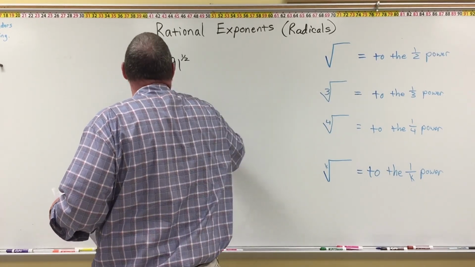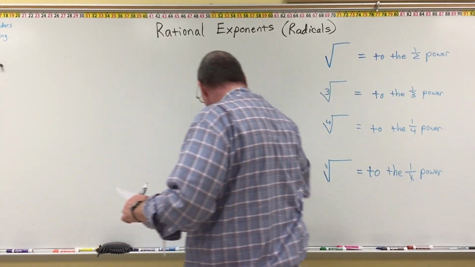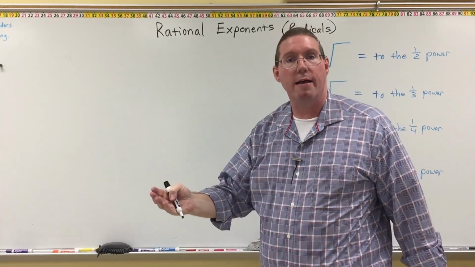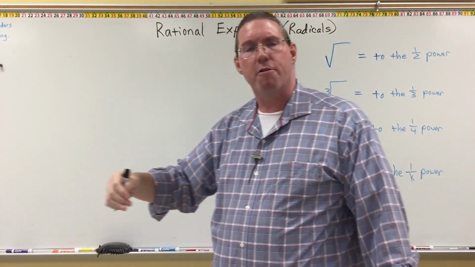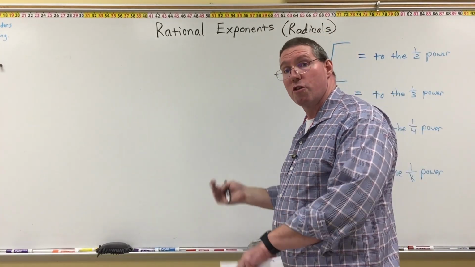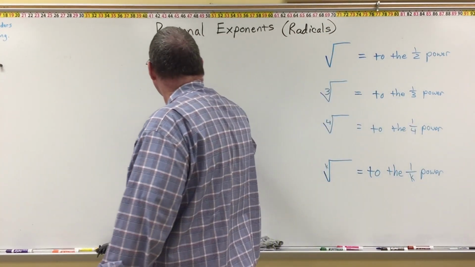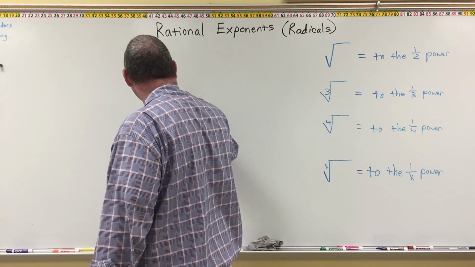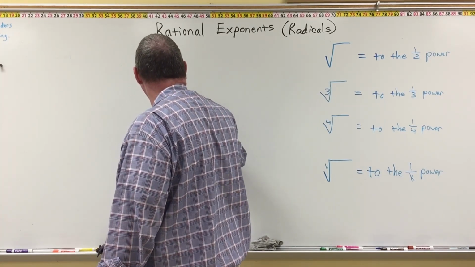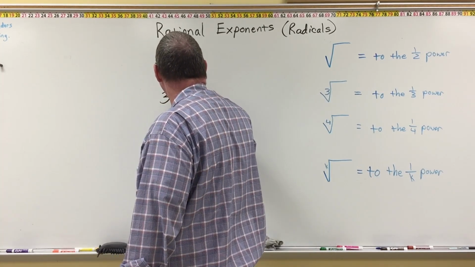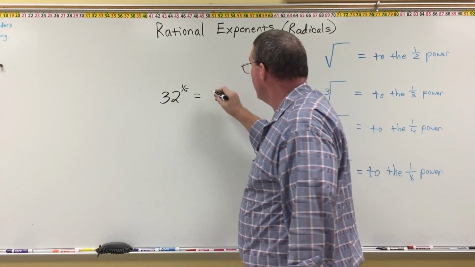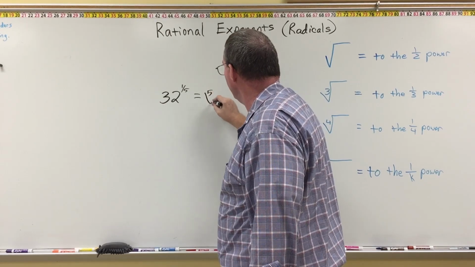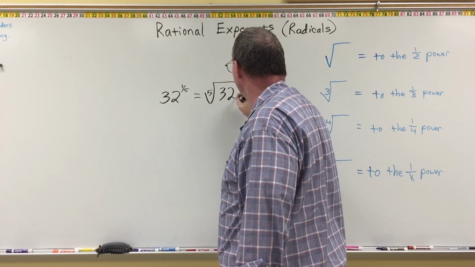All right, there's only one more thing I want you to be able to do with this particular skill, at least for now, and that is I want you to be able to take your memorized squares, cubes, 4th powers, and 5th powers, and solve them. So if I gave you 32 to the 1/5 power, I would want you to be able to turn this into the 5th root of 32.